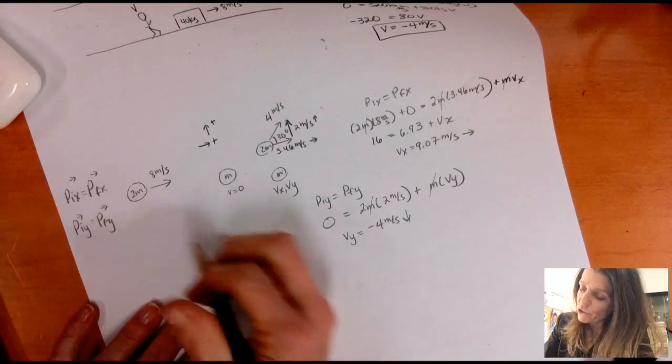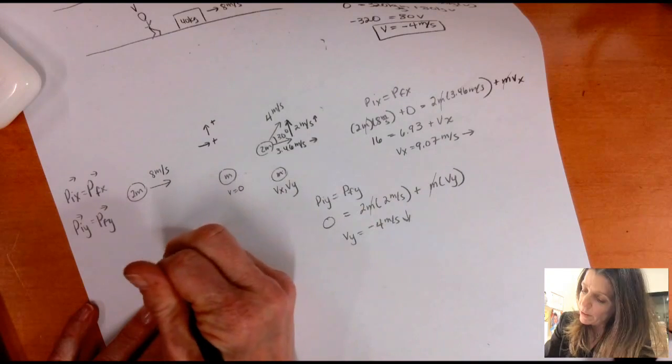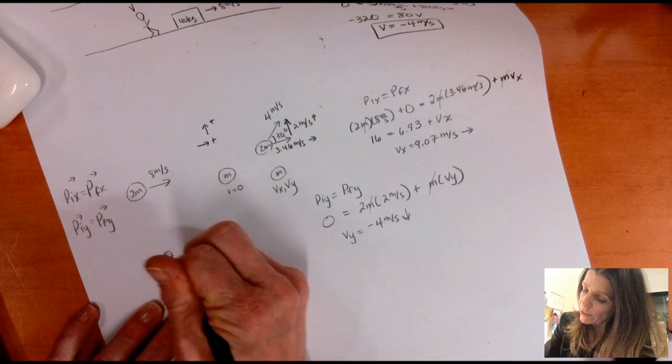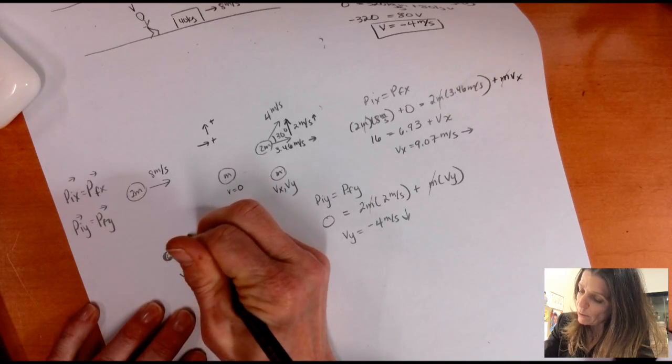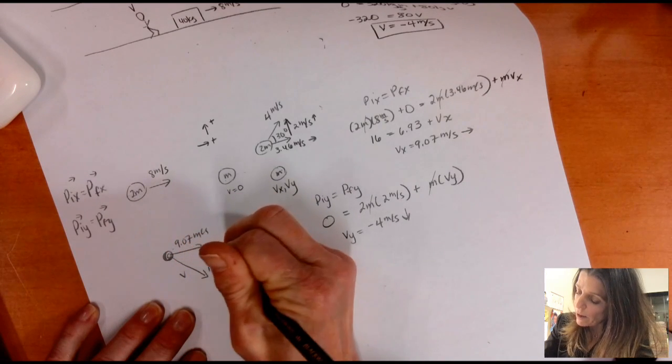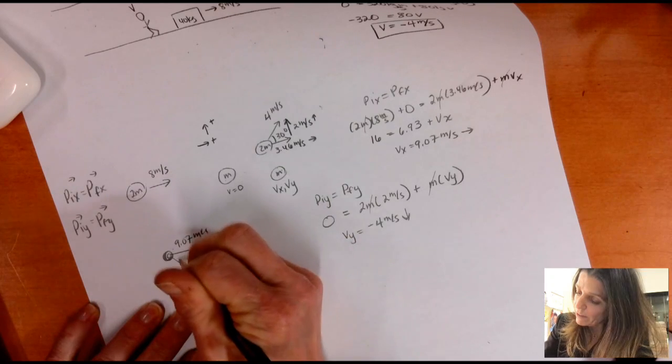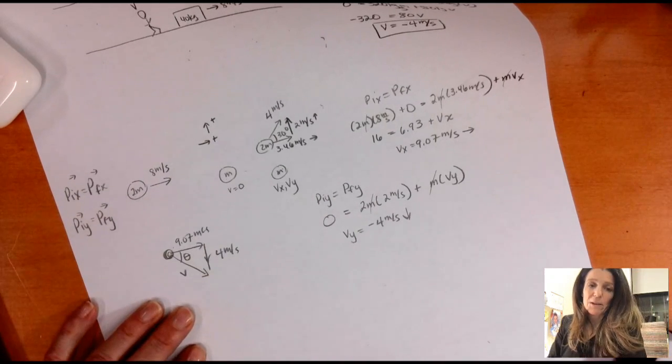Now the last step is just to get the actual, here's m after the collision, here's the v, here's my 9.07, here's my 4, I want to get v, and I need to get the angle to specify the velocity.